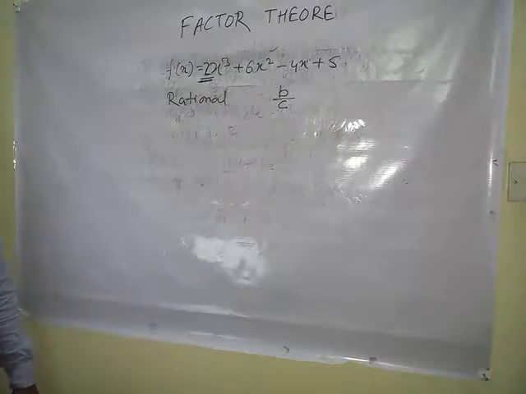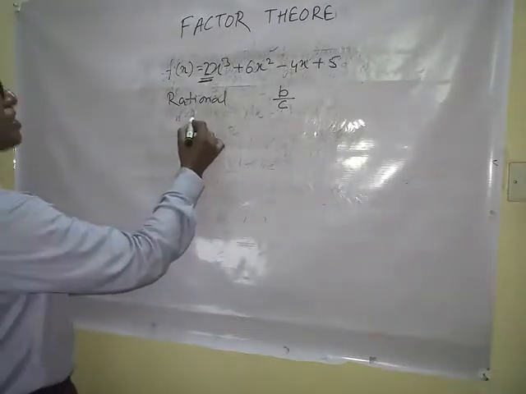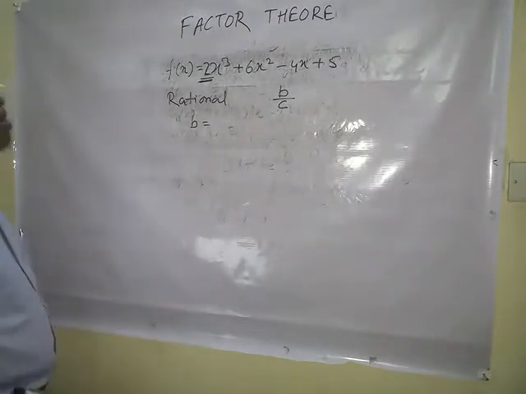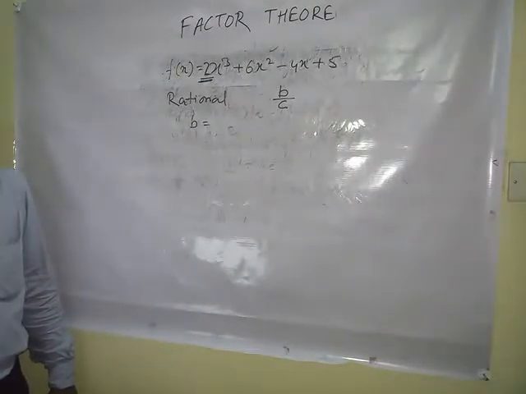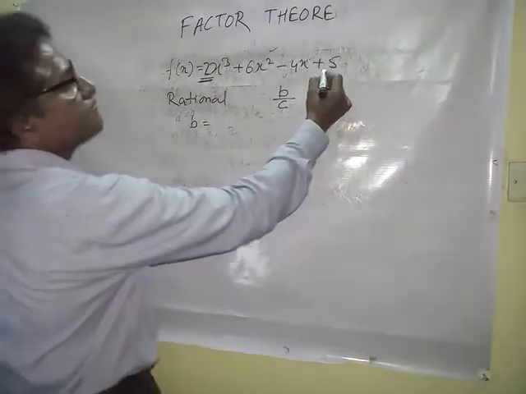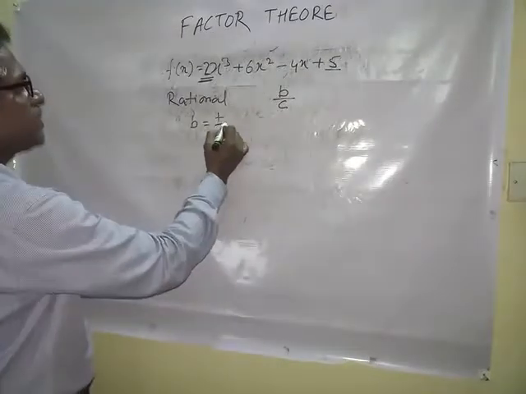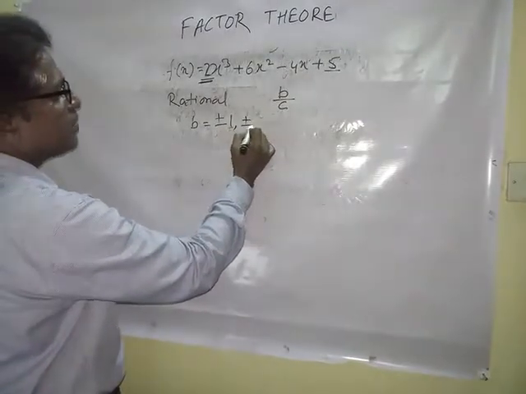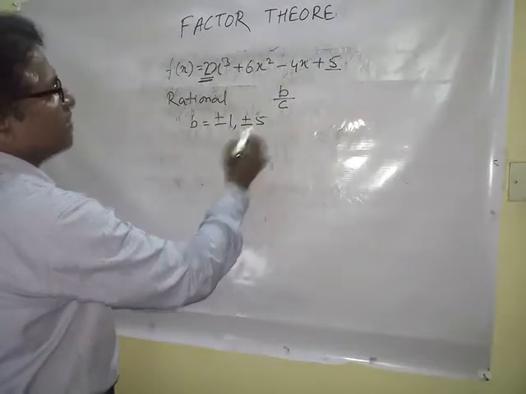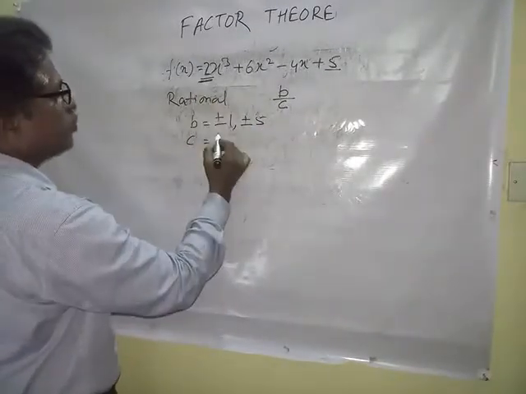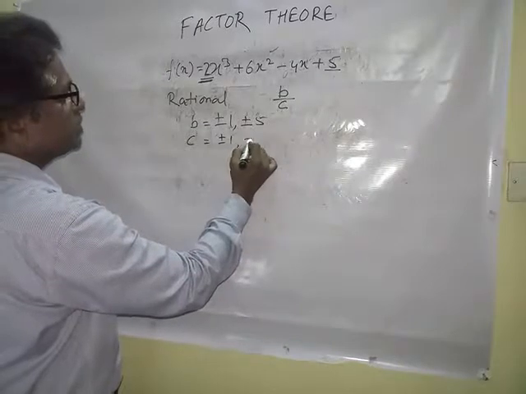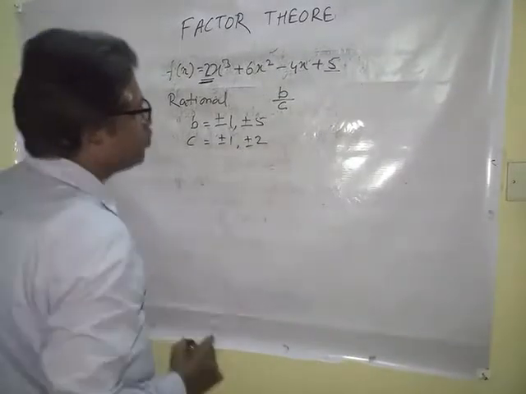Now the B upon C will be your answer. So how will you identify the B upon C? The value of B will be a factor of 5. Factor of 5 will be plus minus 1, plus minus 5. And the value of C will be a factor of 2: plus minus 1, plus minus 2.